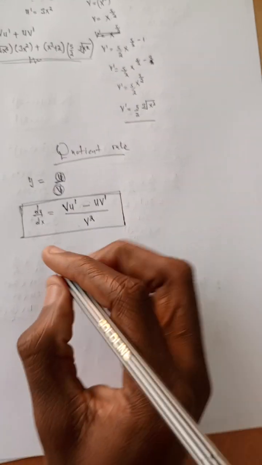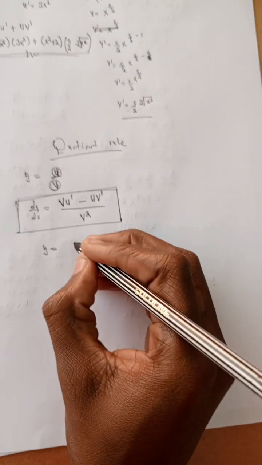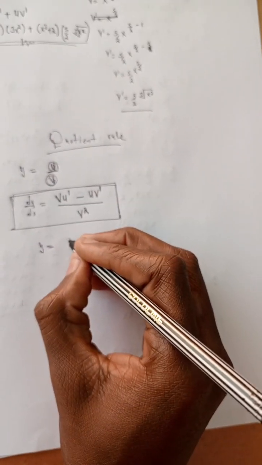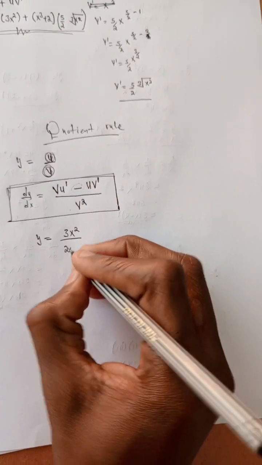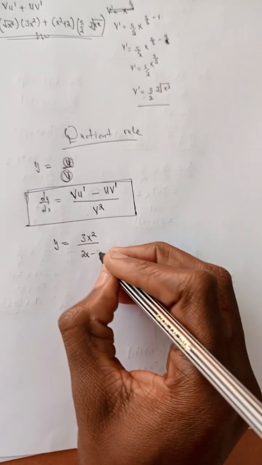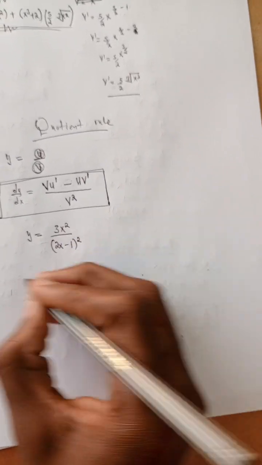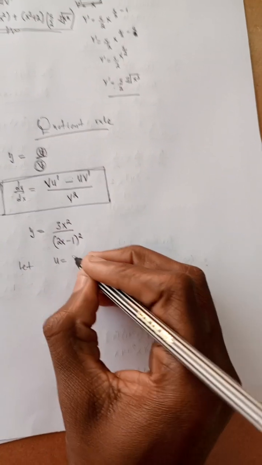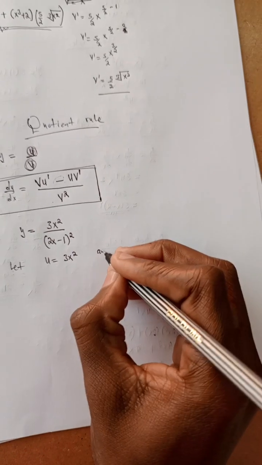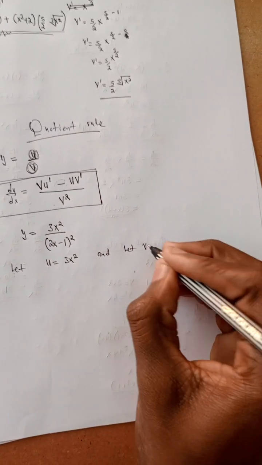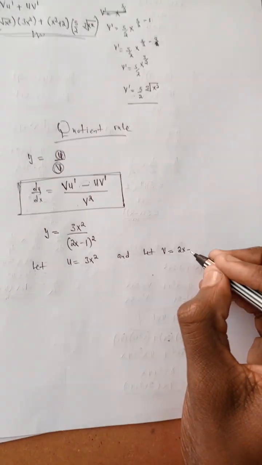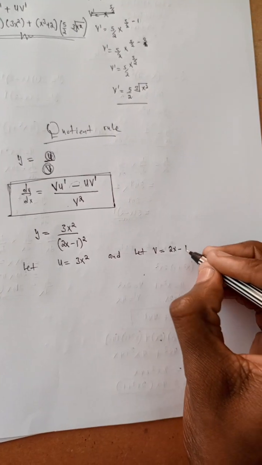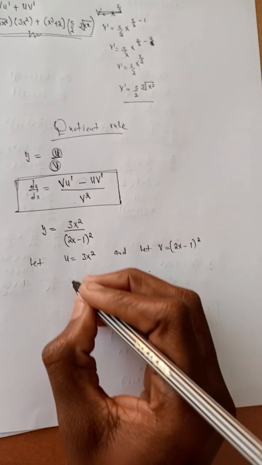The quotient rule will go directly to the tutorial equation, which is y equals to 3x squared over 2x minus 1 squared. So say let u equals to 3x squared and let v equals to 2x minus 1 squared.